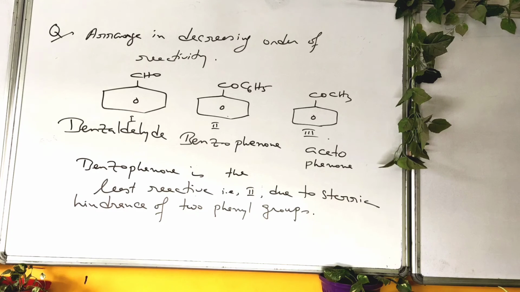Now write it. So benzophenone is the least reactive, that is compound 2, due to steric hindrance of two phenyl groups.